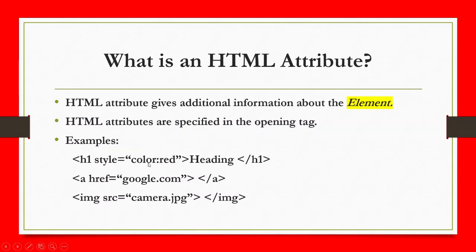Specifically, this talks about how you decorate, how you change the color, the size, the background. All that is called styling. HTML gives the bare bones of the browser, but how do you make it colorful and more attractive? That's CSS. Anyways, let's keep moving. H1 style color red heading.